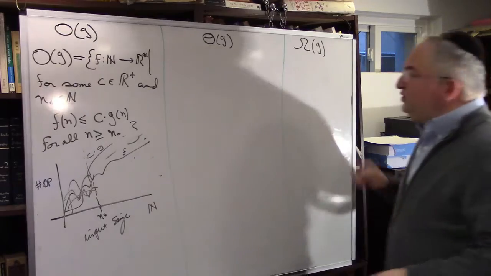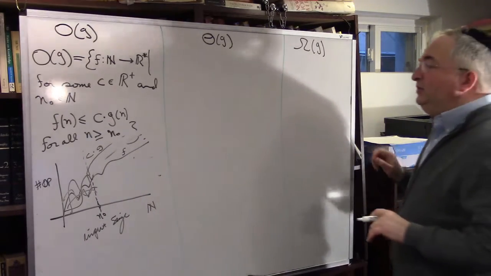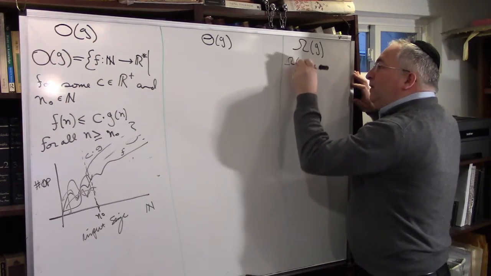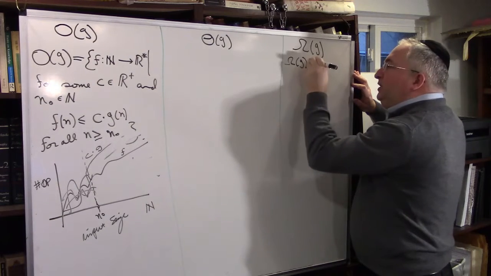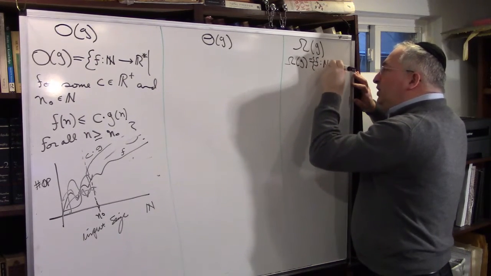Great. Let's talk about omega of g, those things that grow faster or equal, and you'll see what I mean by or equal. So omega of g is equal to those functions, and what type of functions are we talking about?